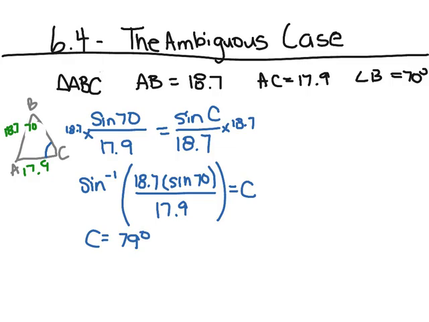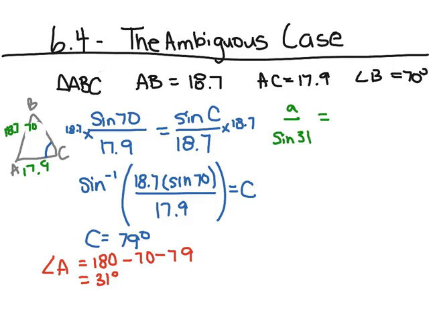So if we find that this is 79, we want to find our other angle. So angle A is equal to 180 minus 70 minus 79. So we get angle A is equal to 31 degrees. And our last step is to find our missing side. So we're looking for the side of A. So A over sine of 31 is equal to, we can use our B, so 17.9 over sine of 70.